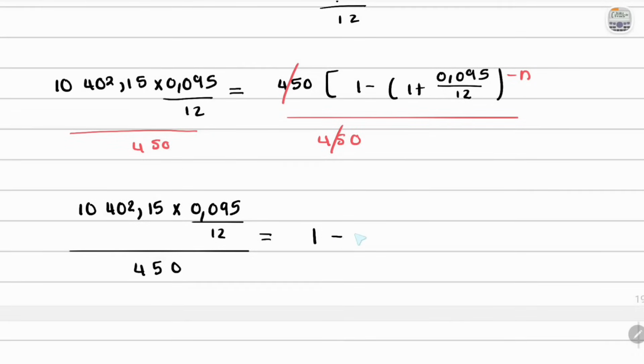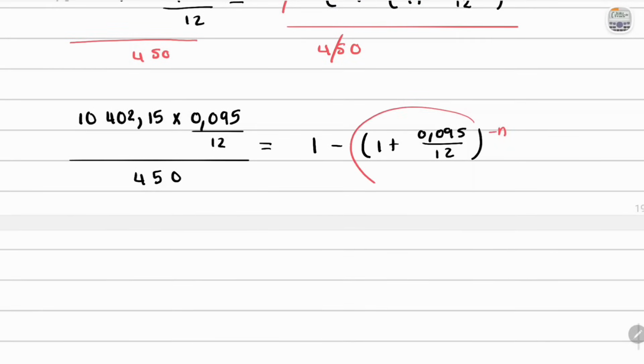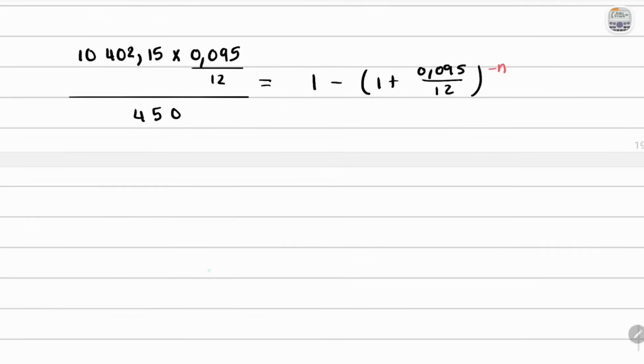And then we have 1 minus and 1 plus 0.095 over 12 raised to the power of negative n. Okay, so at this point, do you see that we have the number that is the base because it's carrying the exponent, but do you notice that this is negative? So to make it positive, we can transpose it, so move it over to the left-hand side, and now it's going to be 1 plus 0.095 over 12, but it's positive now.